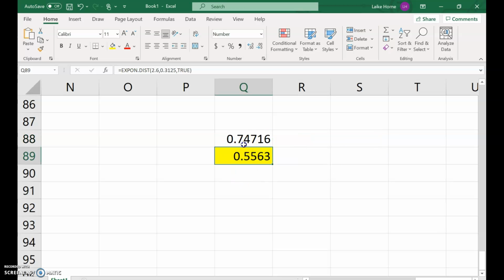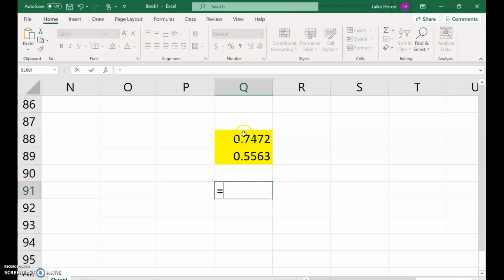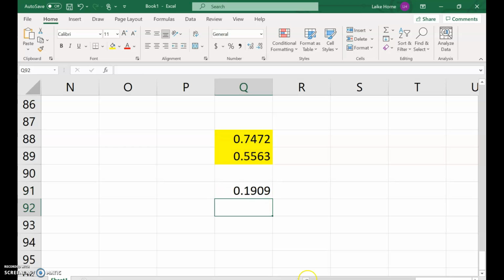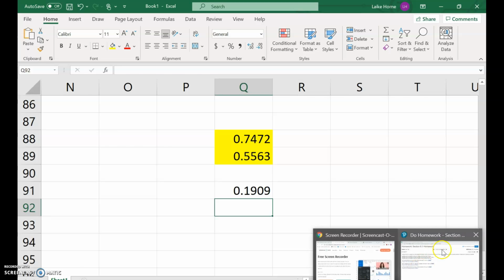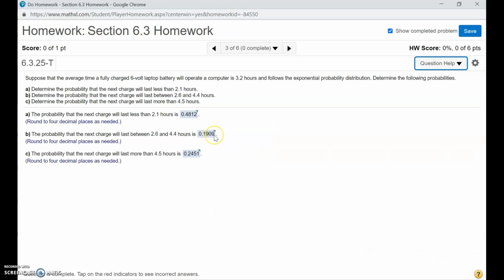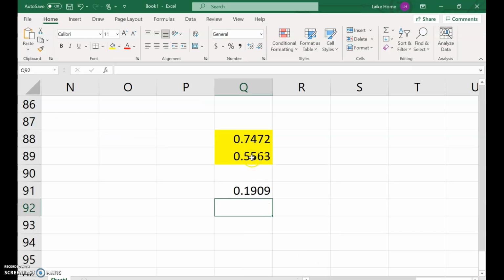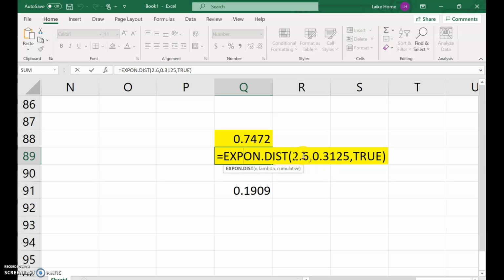Okay, so what we're going to do is take the probability of the larger minus the probability of the smaller to get the probability of it being in between, and you will get 0.1909. For more than 4.5 hours, you could go into one of these formulas and put in 4.5.